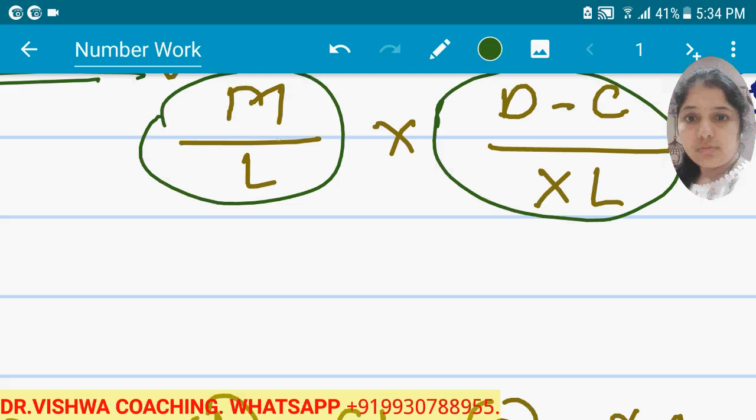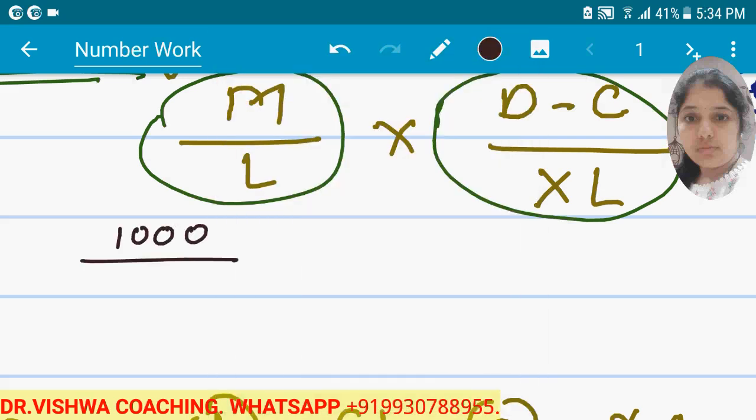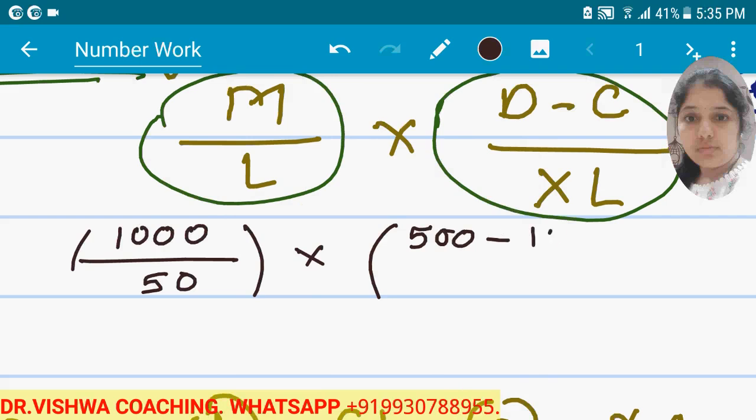Now write the international numerals for these numbers. M means 1000 and L means 50. D means 500 and C means 100. And XL means L represents 50 and X represents 10.